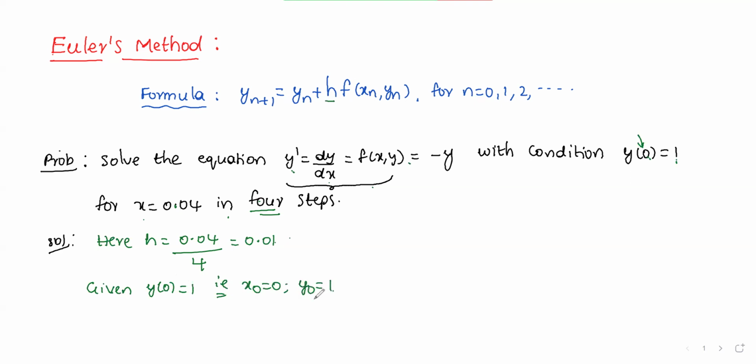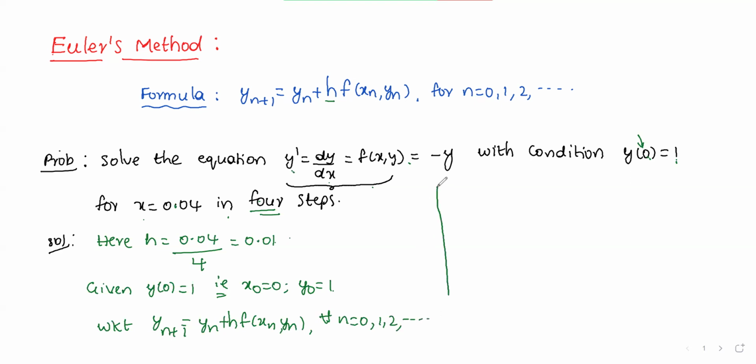These two are initial conditions. We know that yn plus 1 is equal to yn plus h into f of xn comma yn for all n is equal to 0, 1, 2 and so on.